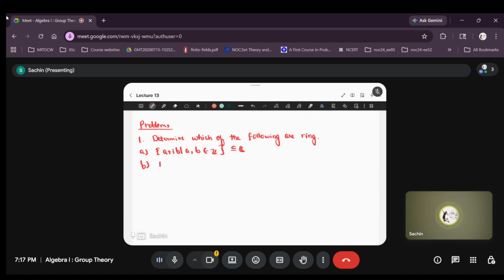Then what about instead of i, if I replace i by square root of 2, again a and b are integers. This is a subset of real numbers. Is this a ring?